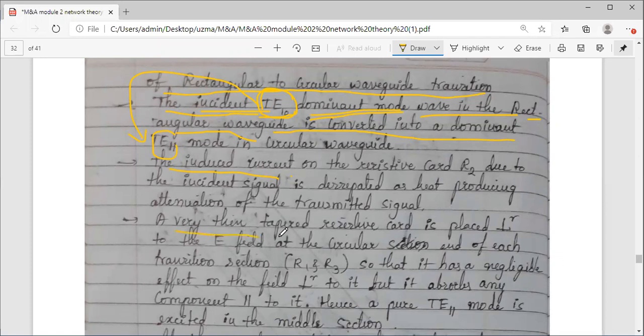Okay, so a very thin tapered resistive card is placed perpendicular to the E field at the circular end of each transition section. So I'm talking about R1 and R3 here. Whatever I'm describing here, very thin tapered resistive cards are placed perpendicular to the electric field.